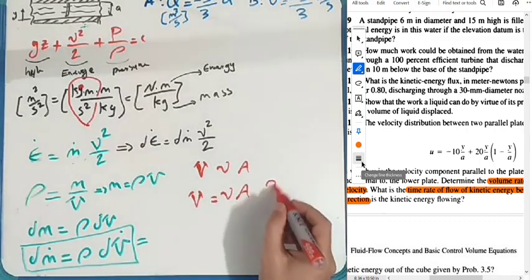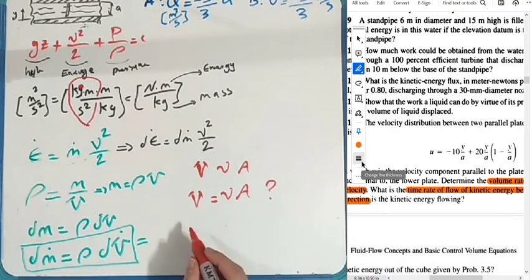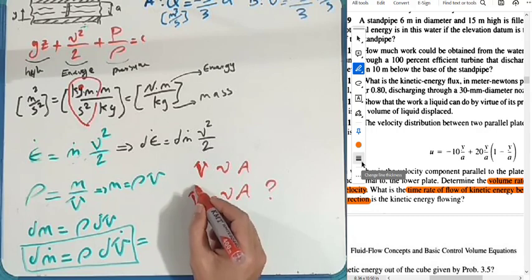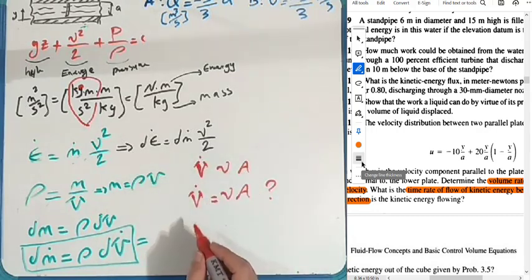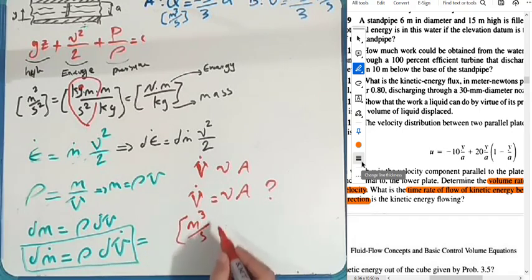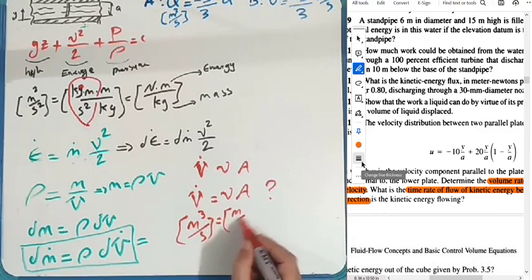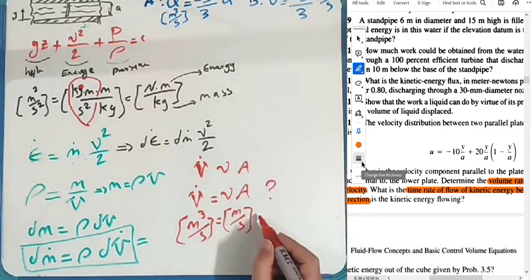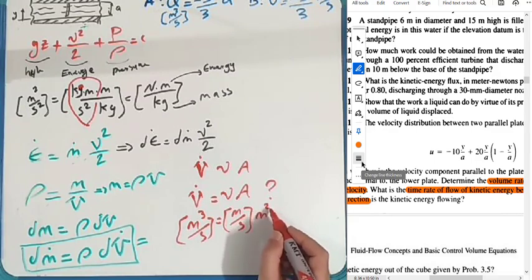Is it true or not? Let me test it. If I add that here, it would be meter cubic over second, equal meter per sec and meter squared.